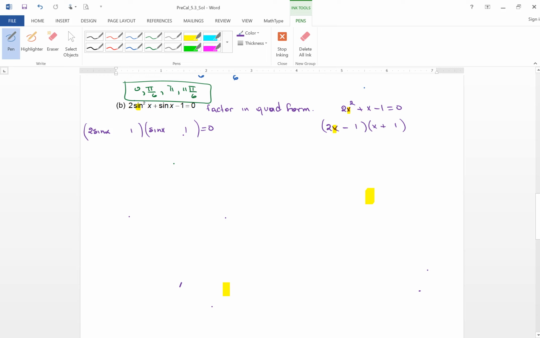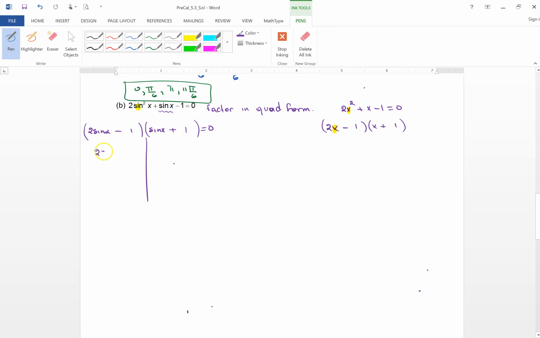And now where to put the positive? The positive goes here and the negative here because 2 sine x minus 1 sine x must equal sine x. It's just like factoring a quadratic equation with x's. Okay? Now, just like before, I'm going to split it down the middle and I'm going to set each one individually equal to 0 and solve.